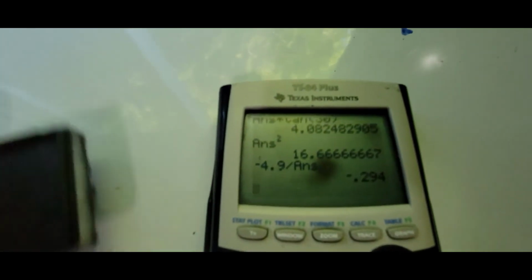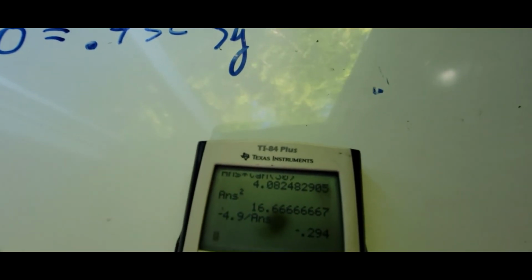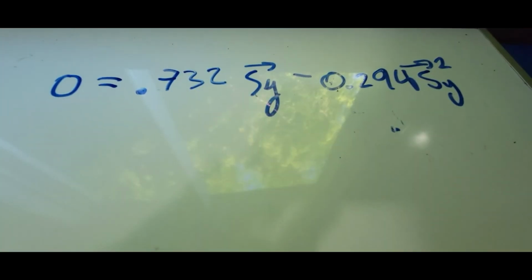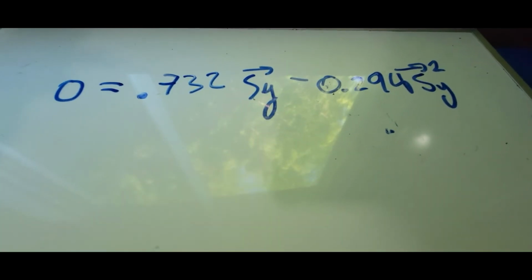And so we're going to erase this right here. This is just going to be the same thing as saying negative 0.294 sy squared.